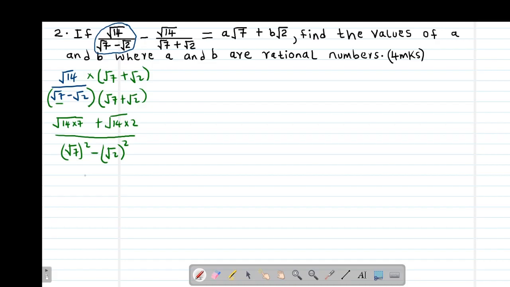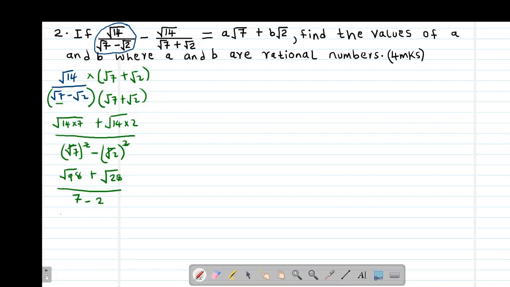So 14 multiplied by 7, I'm going to get 98. So this is the root of 98, then plus 14 times 2, I'll get 28, so plus the root of 28, then divided by 7 minus 2, since the square root and the square cancel out.